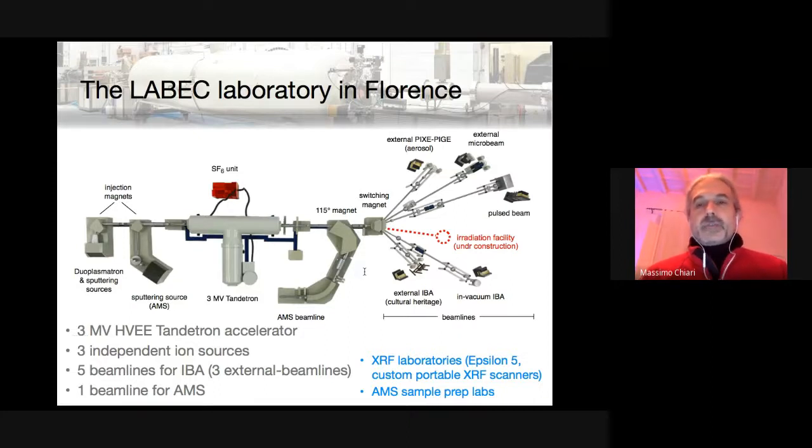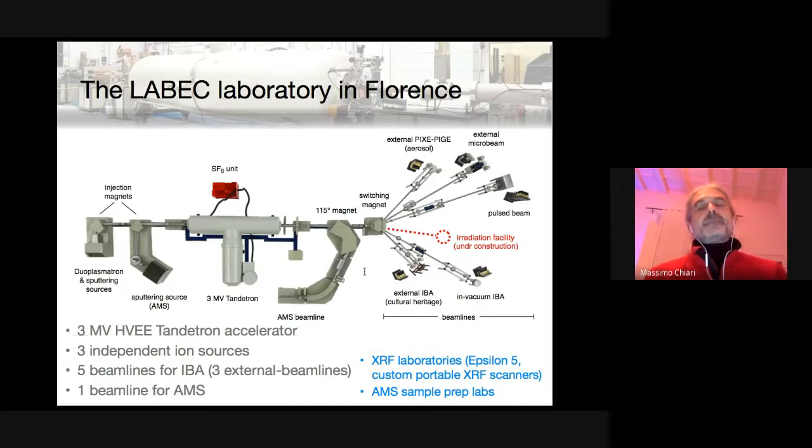And you can see in this picture those that are ready, let's say, operative. So we have one external beamline for PIXE analysis on aerosol samples, one total IBA external beamline for cultural heritage, and a total IBA in-vacuum scattering chamber. We have an external microbeam where PIXE and RBS could be performed.